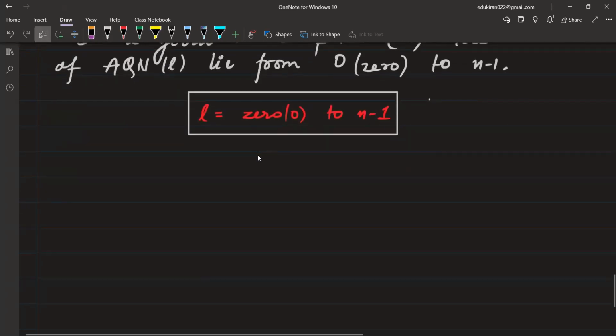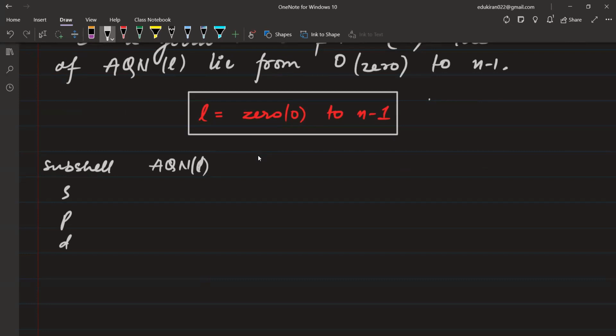In the side, you will write subshell, and then you will write AQN, that is the L. So you have S subshell, P subshell, D subshell, F subshell, and so on. G bhi likh lijiye, H bhi aa jayega.